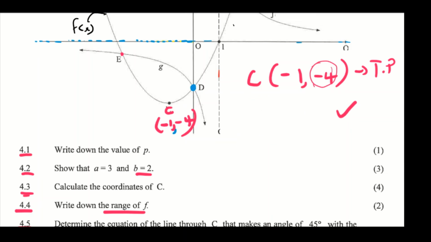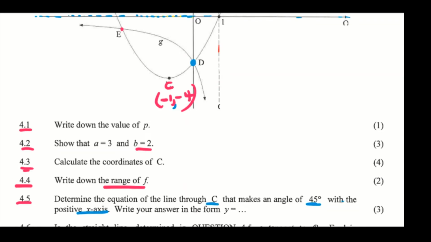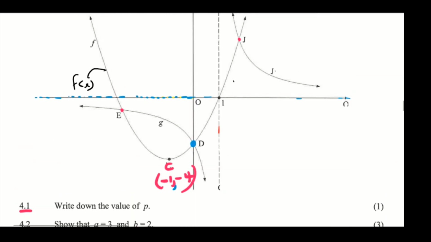We are told that I must determine the equation of the line through C that creates an angle of 45 degrees with the x-axis. So what it means is we're having this line that passes through C, right? It goes something like this. So this line creates 45 degrees here, and it passes through this point C.